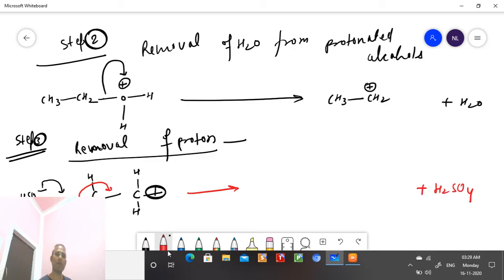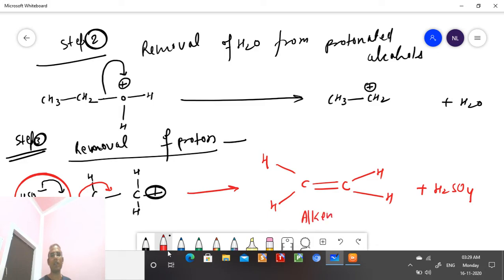A double bond is formed between carbon and carbon, and the hydrogen is already there. Since carbon valency 4 is maintained, this is the alkene. So if you treat the alcohol with H2SO4 at 170 degrees Celsius, we are going to get ethene.